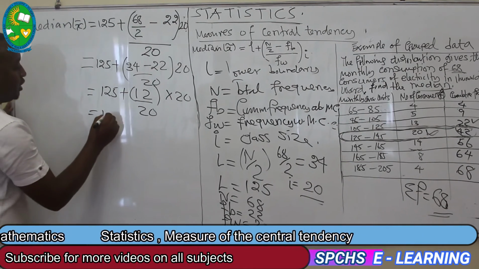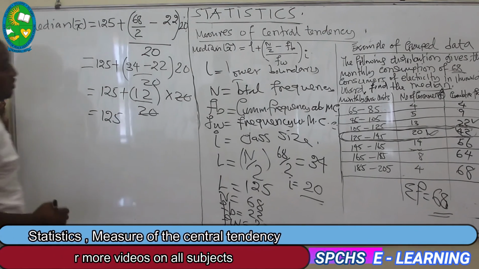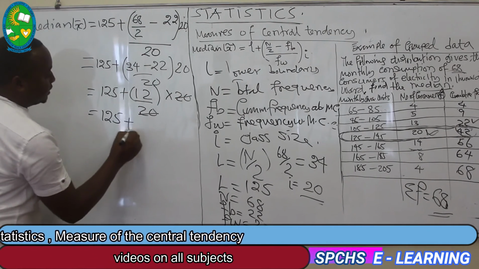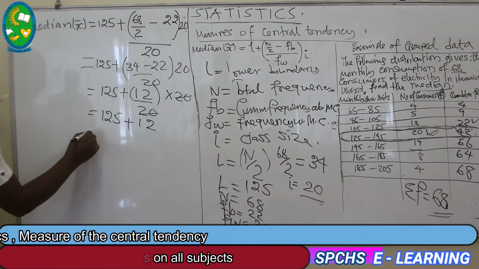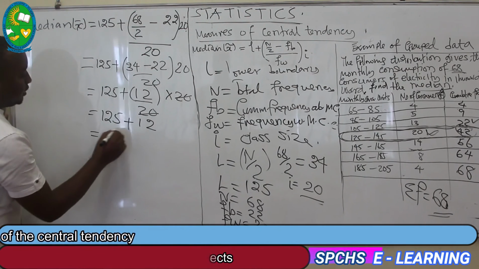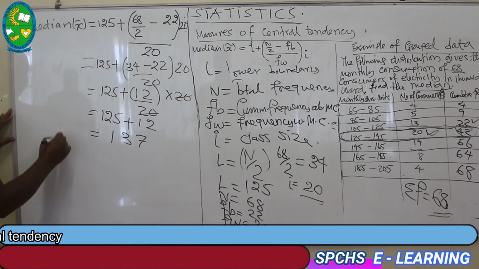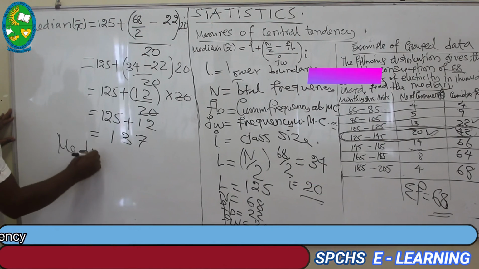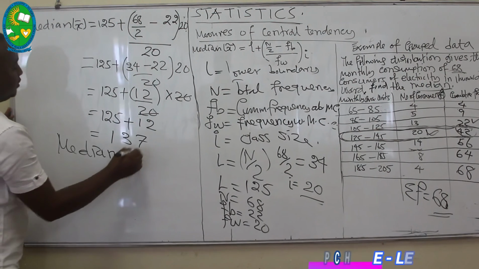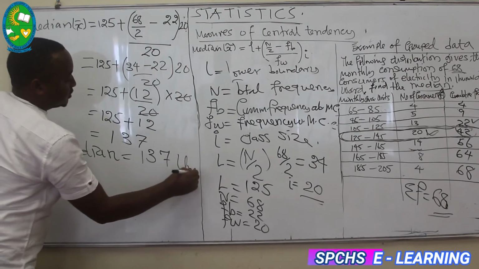The 20 goes with the 20, we add 12. Then we have 125 plus 12, this is 137, and this will be our median. Median will be 137 units.